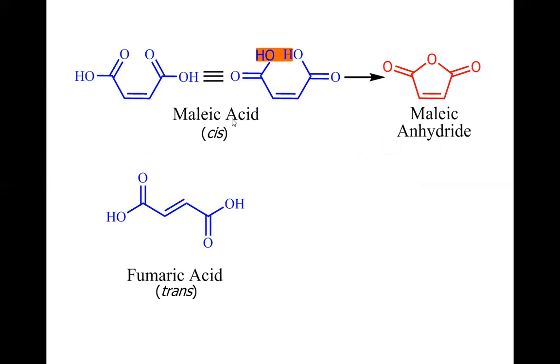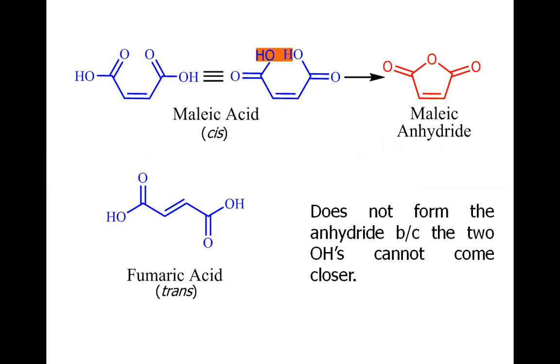However, in case of fumaric acid, the two hydroxys cannot come closer to each other, so we cannot have the fumaric anhydride. So it depends upon the geometry of the molecule that allows whether the anhydride is to be formed or not.